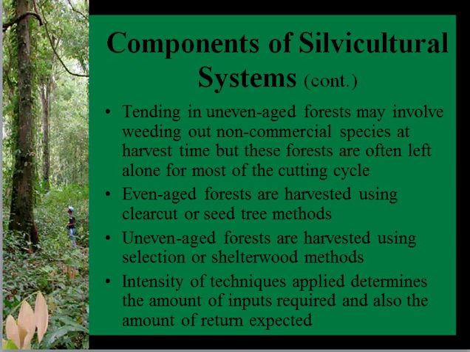In uneven-aged forests, you need to harvest using selection or shelterwood methods. Selection harvesting is to go in and only take out 1 or 2 trees per hectare. So you don't clear cut.